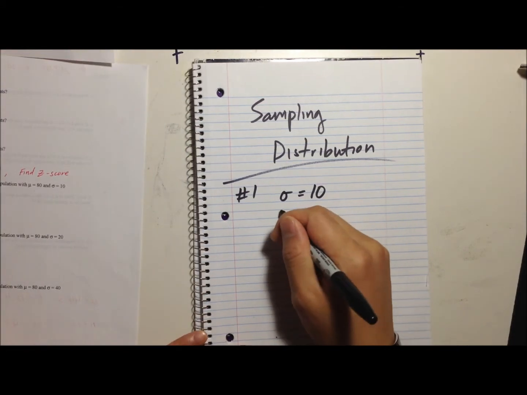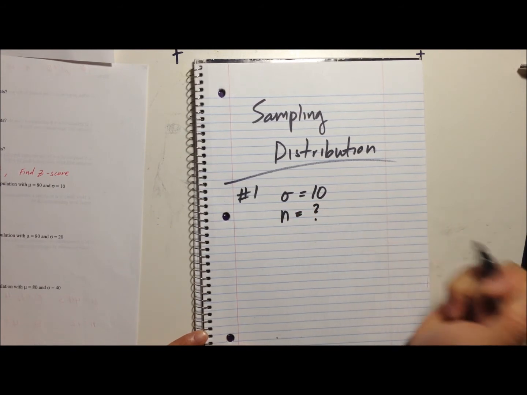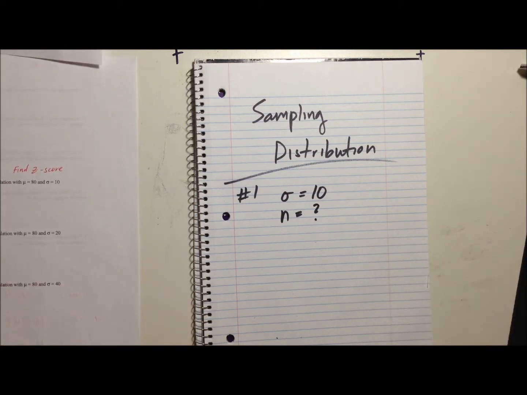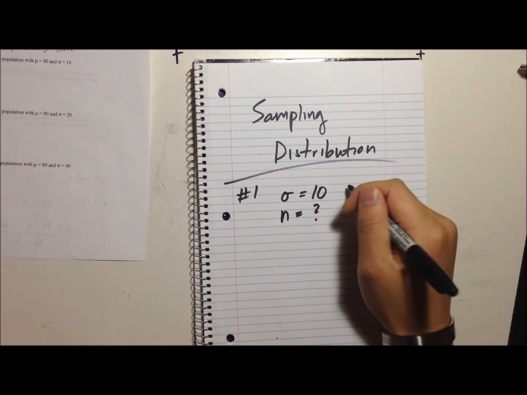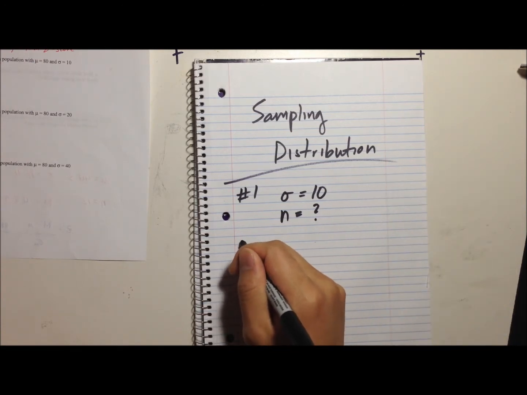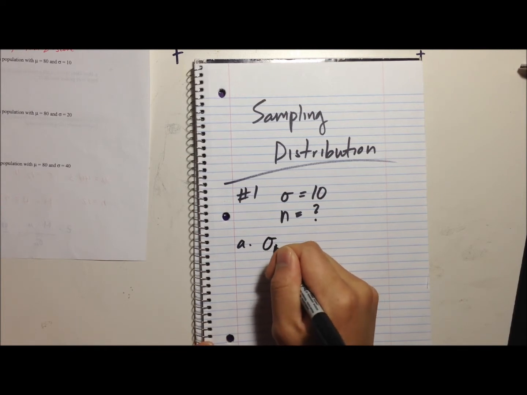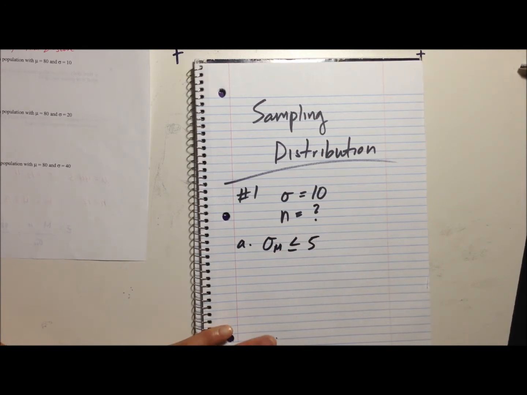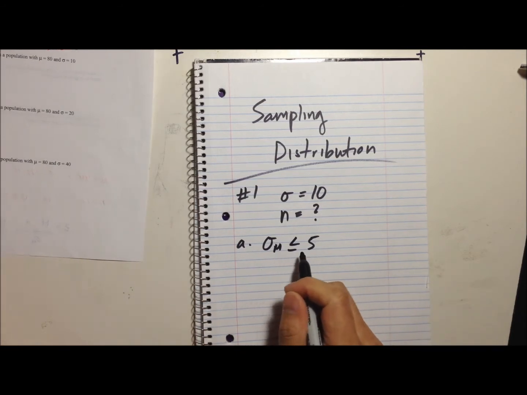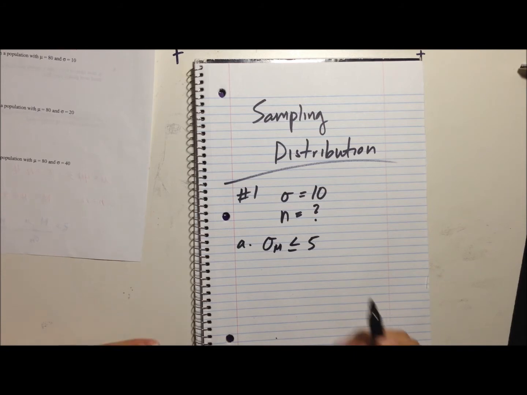Okay, so for this we want to know what sample size we need to have to get certain standard errors. So the first one we want is a standard error less than or equal to 5. Alright, so what n do we need to get this standard error less than or equal to 5?